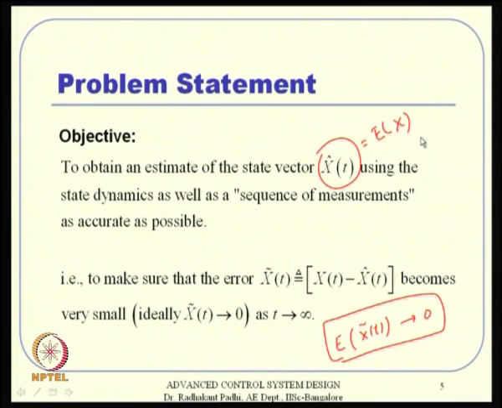Okay. And there are also nice properties associated with that, something called the separation principle. That means you can design a controller and the estimator separately. So, it will not hurt the stability behavior of either, even though you want to operate it based on a feedback system.